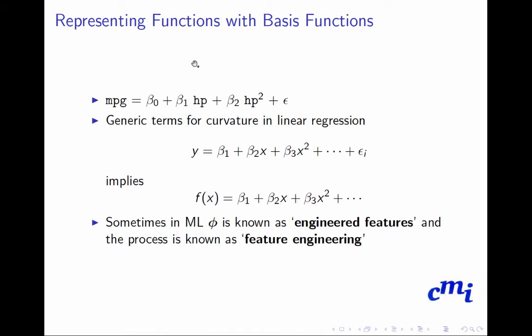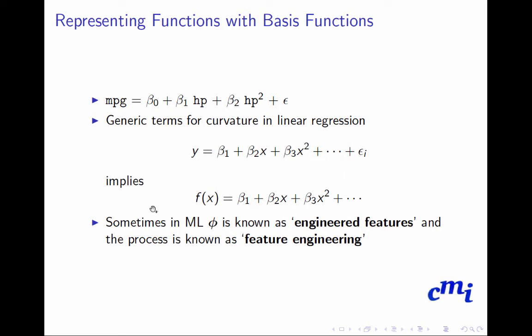So phi_1(x) is 1, phi_2(x) is hp, phi_3(x) is hp squared. This is a generic term for curvature in linear regression, so we can fit a polynomial regression like this: y equal to beta_1 plus beta_2 x plus beta_3 x squared plus dot dot dot.